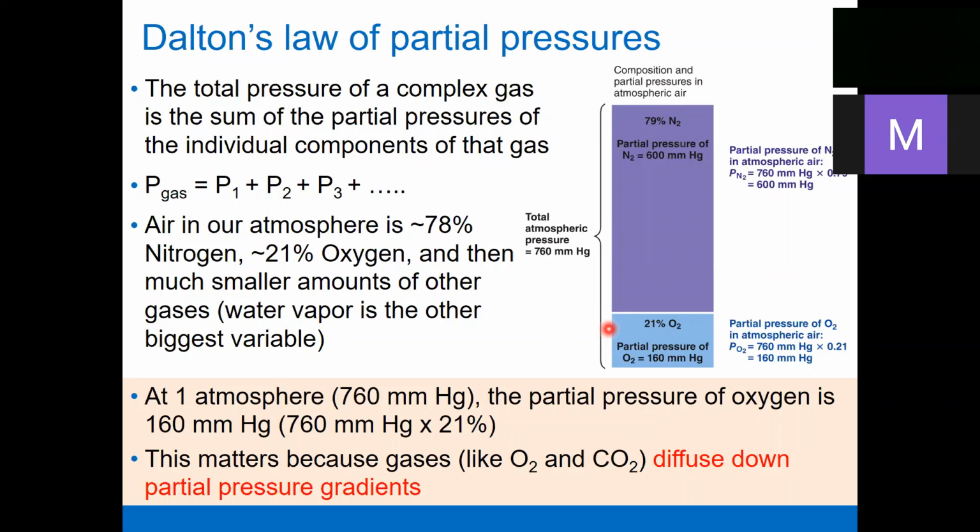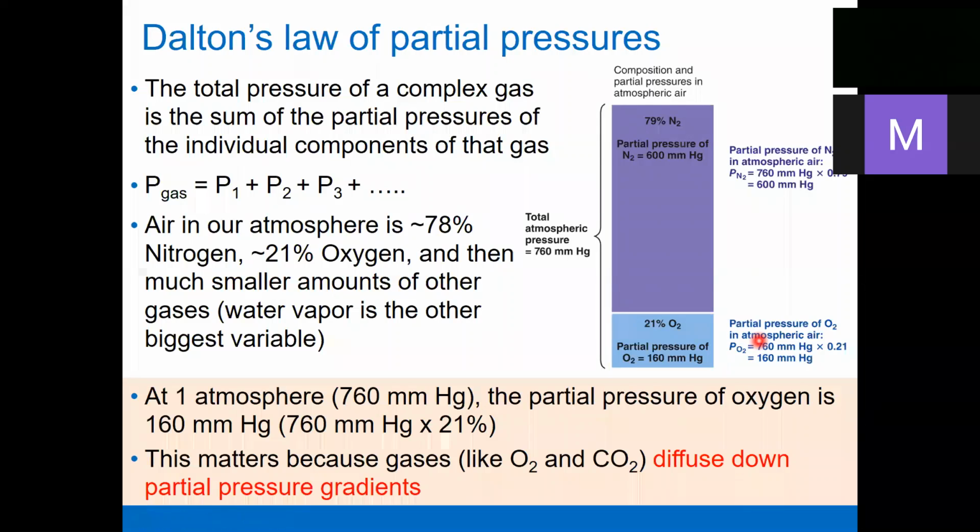That means at 1 atmosphere, which means 760 millimeters of mercury, the partial pressure of oxygen is about 160 millimeters of mercury, because 21% of 760 millimeters is oxygen. When you calculate, you will come up with 160 millimeters of mercury. This is the partial pressure of oxygen in our atmospheric air.